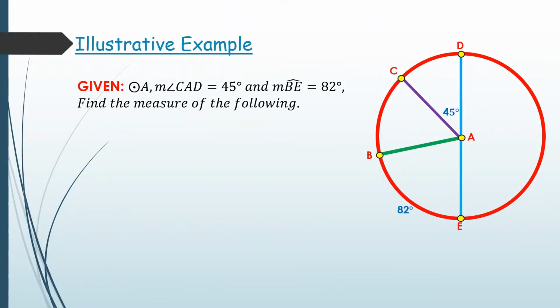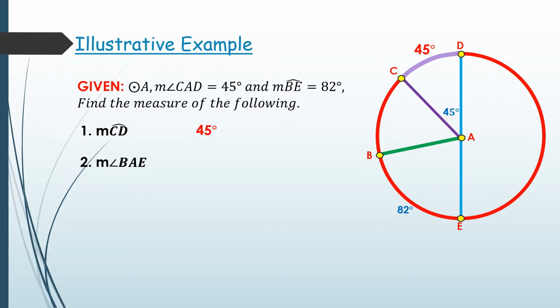Now let's have this example. Given circle A and the measure of angle CAD is equal to 45 degrees and the measure of arc BE is equal to 82 degrees, find the measure of the following. Let's have measure of arc CD. Since CD is the intercepted arc of angle CAD, then the measure of arc CD is equal to 45 degrees.